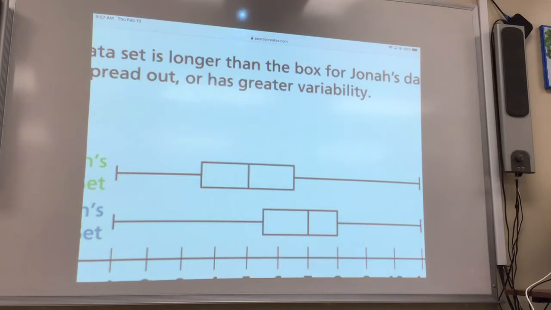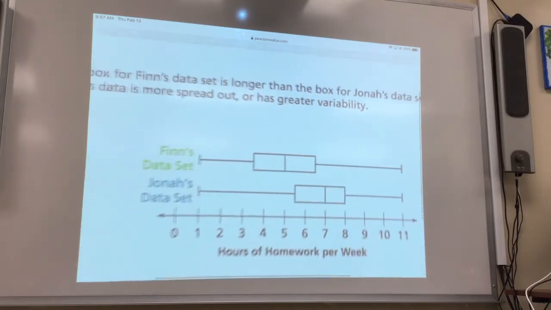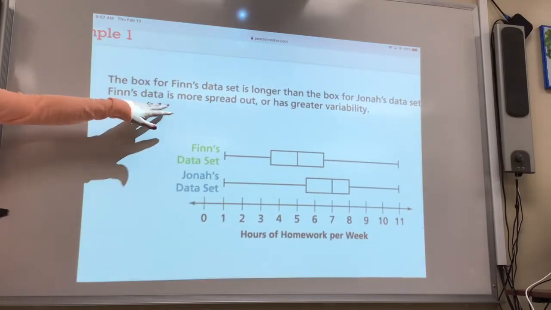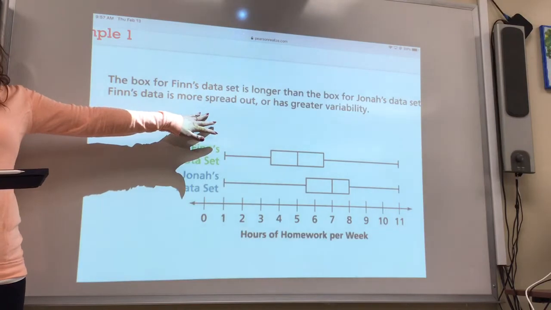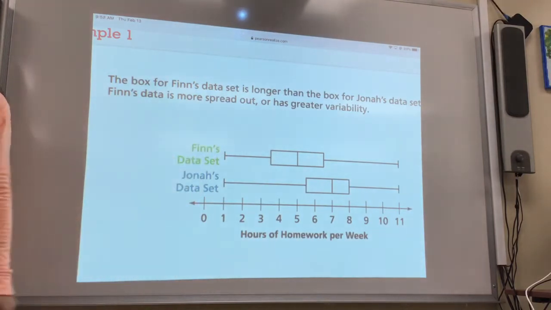Really what it means is that the interquartile range, that box, is a bigger box. That means the numbers are all spread out. Data is more spread out. That's the definition for it.